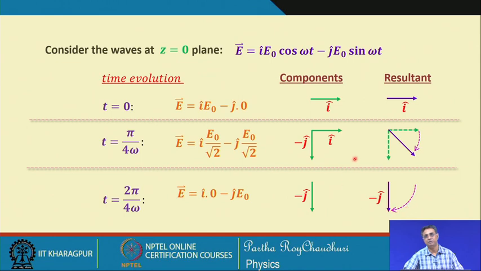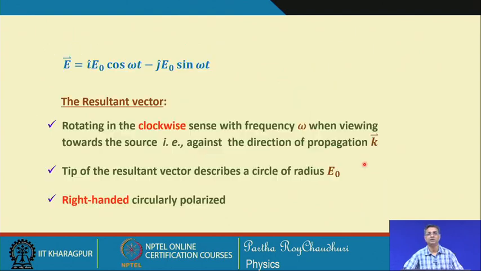So, that means it represents a wave whose electric field, the tip of the electric field vector, is now rotating in the clockwise direction as the wave is propagating forward along the z axis.